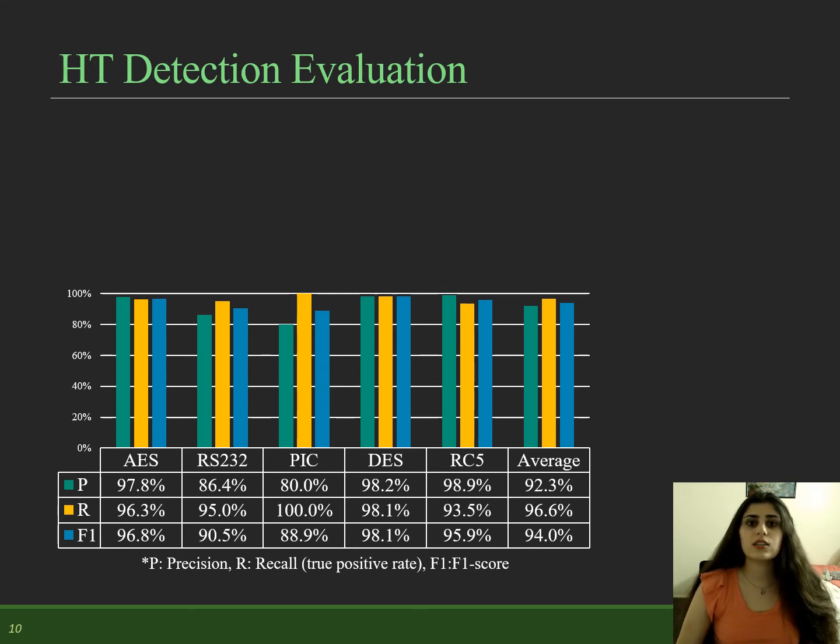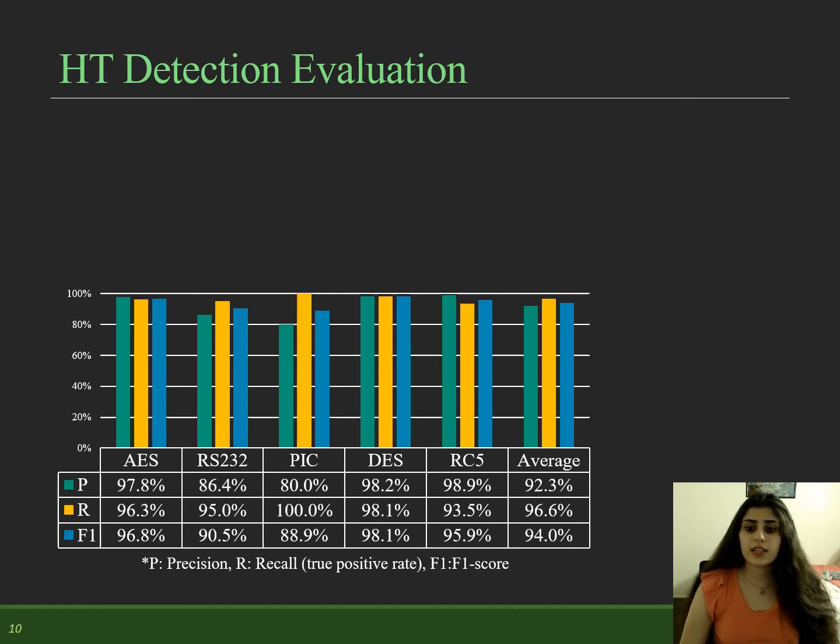So to consider the false positive rate as well, we look into another metric, precision, which shows what percentage of the samples that we labeled as a hardware Trojan were actually Trojan infested. And F1 score is the average of the precision and recall, which is an intuitive metric that shows the performance.